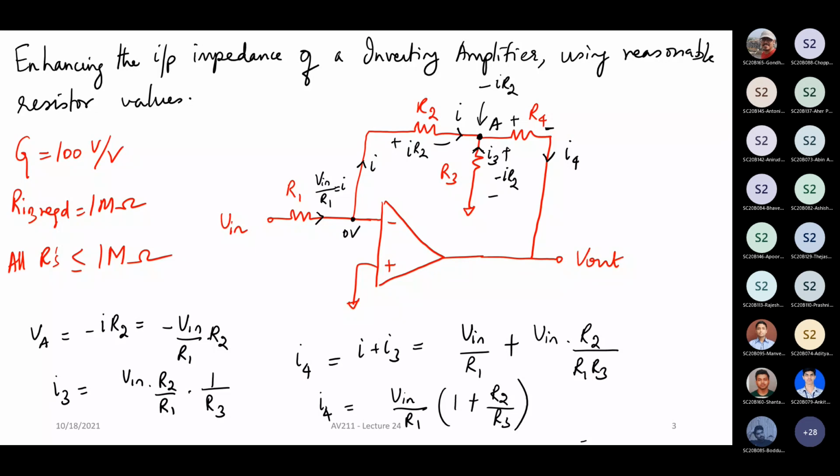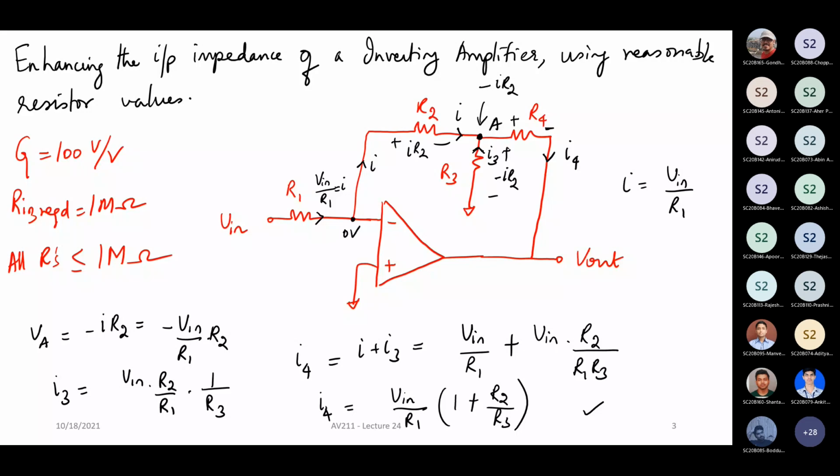Right? So I1 is nothing but V in divided by R1, and I3 is this quantity. So both added together, this is what you would get, right? This is right. Yes, sir.